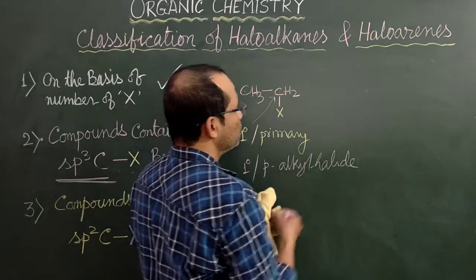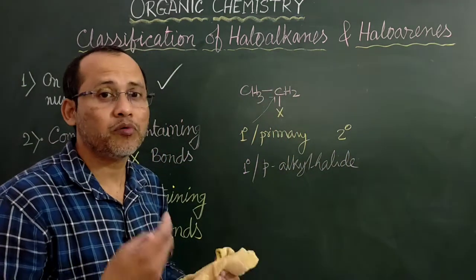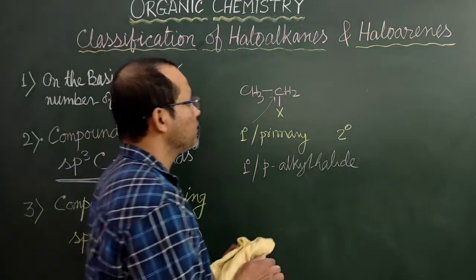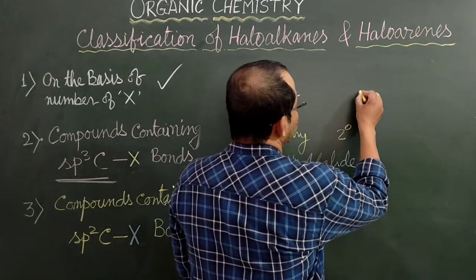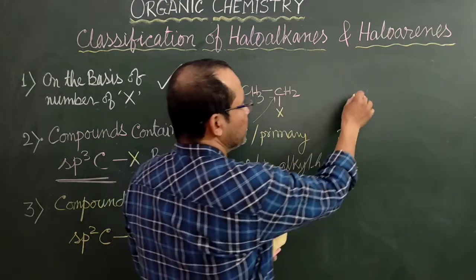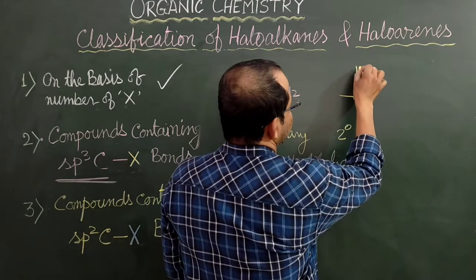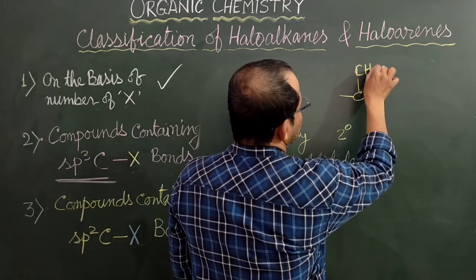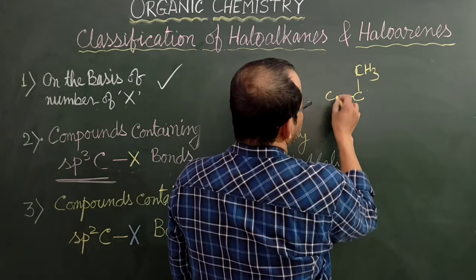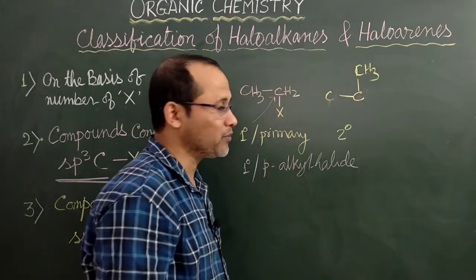Now in this way we may have 2 degree alkyl halide also. So what does 2 degree mean? 2 degree simply means the carbon atom which is containing the halogen is directly linked to 2 other carbon atoms. Consider the environment of this carbon atom.